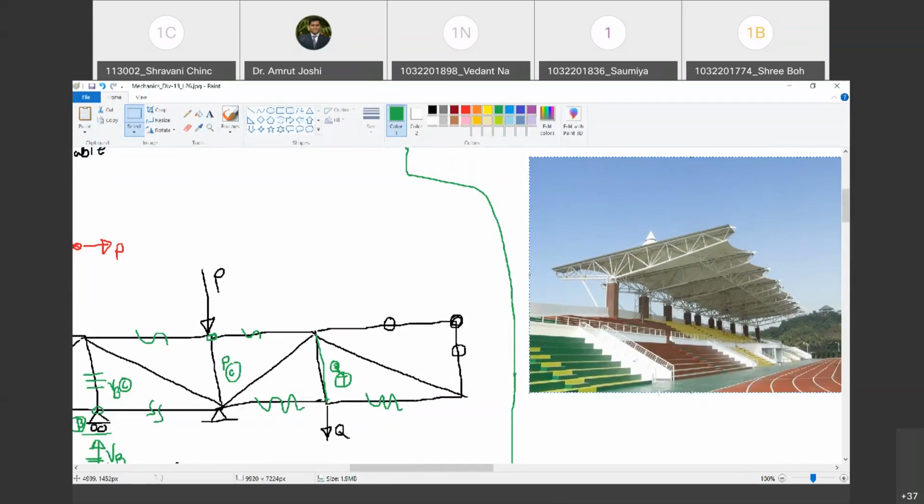Yes, sir. Stadium, the problem we solved yesterday. Do you remember that problem? Yes, sir. It is a stadium roof truss. Are you with me? Yes, sir. So have you seen such kind? You must have seen such kind of trusses. Are you with me? Yes, sir.